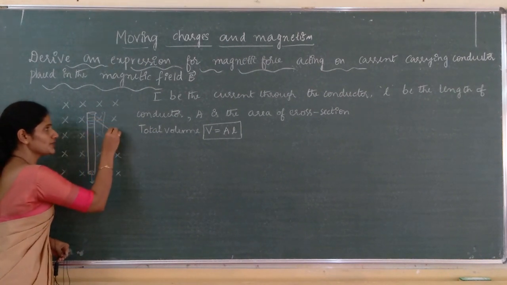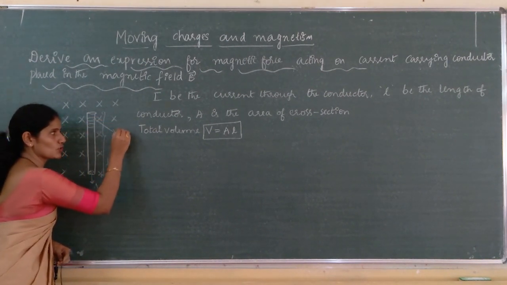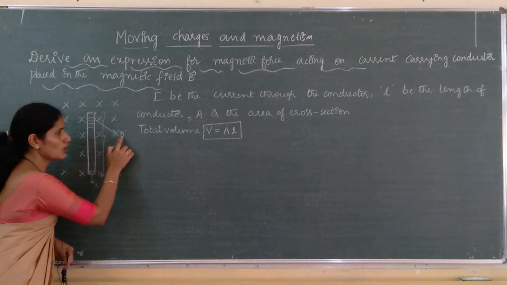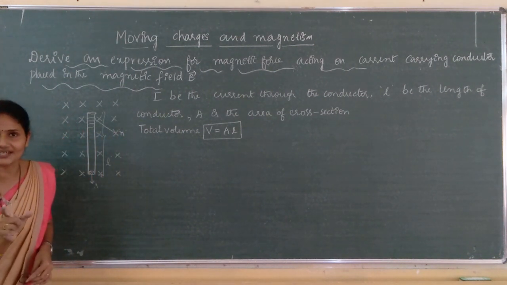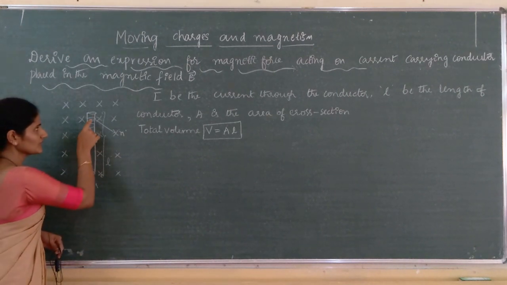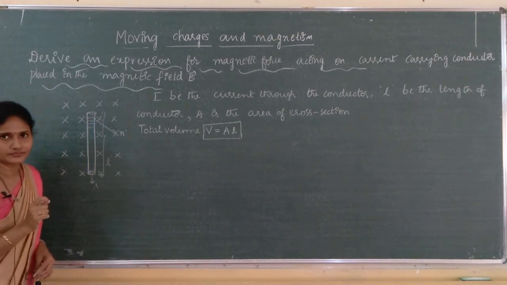The total volume of the conductor is divided into a large number of unit volumes. In one unit volume, there are n number of electrons. Let small n be the number of electrons or the number of charge carriers present in unit volume.